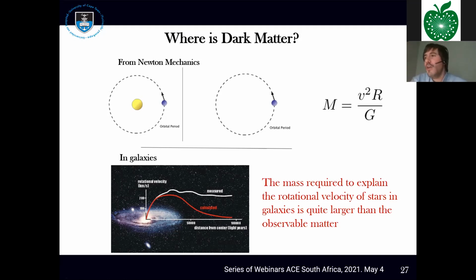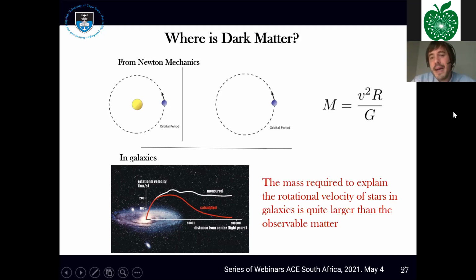So in astronomy, there is another way also to infer the mass of a galaxy by just looking at the light that galaxy emits. And what they observed is that the mass that was measured through the velocity of the stars was quite large in comparison with the mass they measure by detecting the visible light of the galaxy.